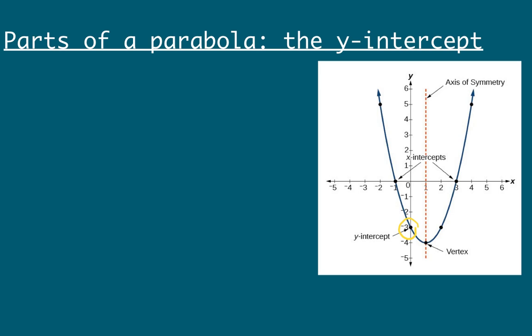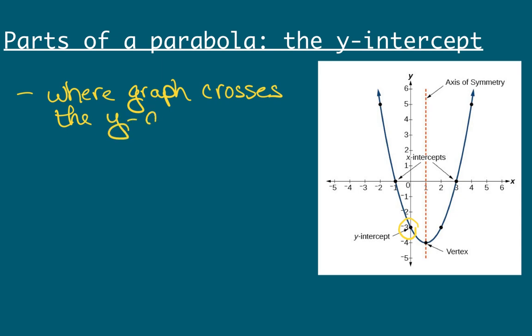So the y-intercept is where the graph crosses the y-axis. Okay, and it is where x is equal to 0. Okay, so there cannot be more than one.